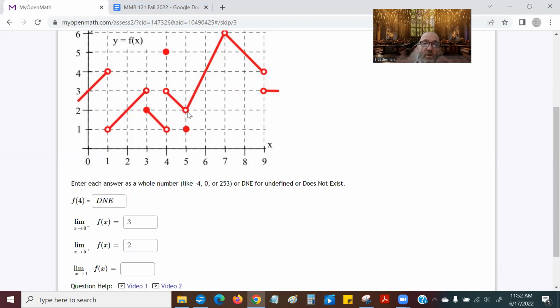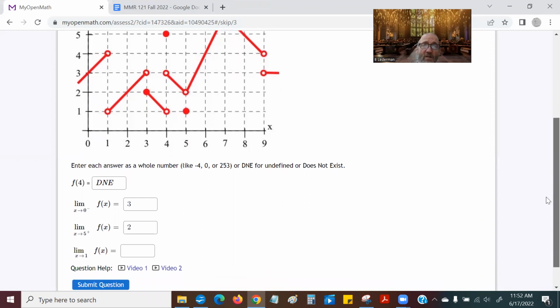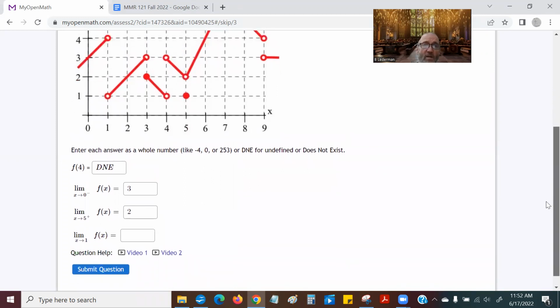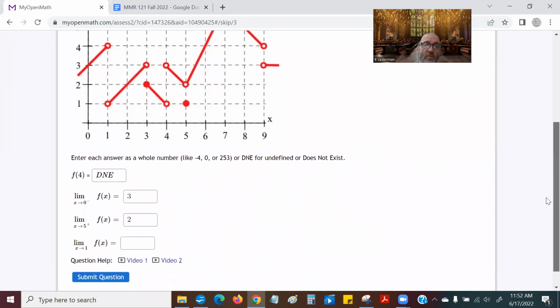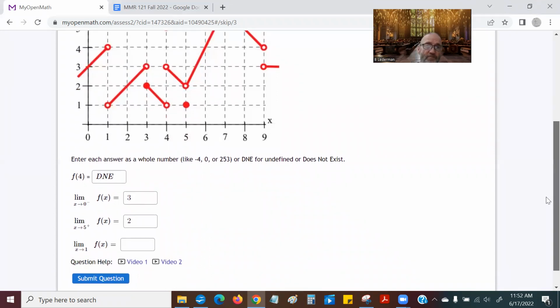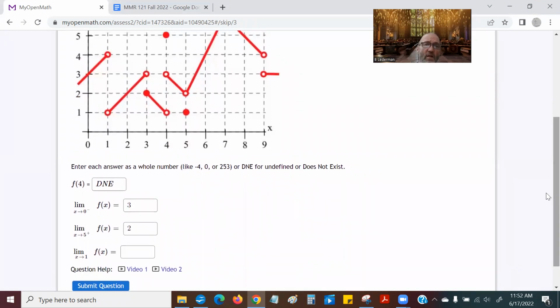I don't care what happens when x equals 5. I care about when x gets close to 5. That's the wonderful thing about calculus: we may not know what's happening at that particular point, but we know what happens as you get closer to that point.